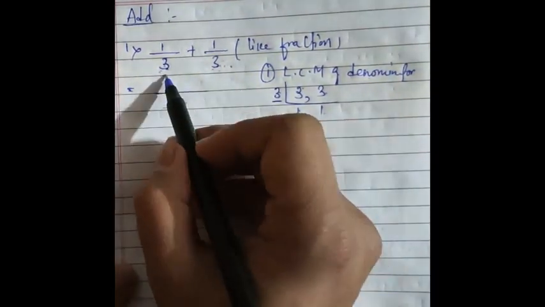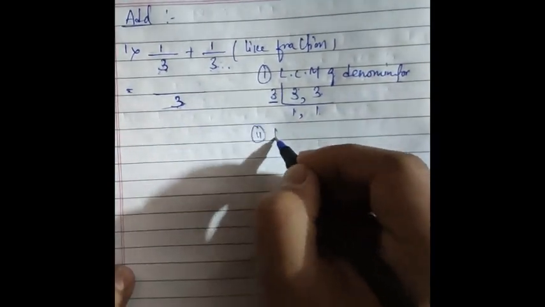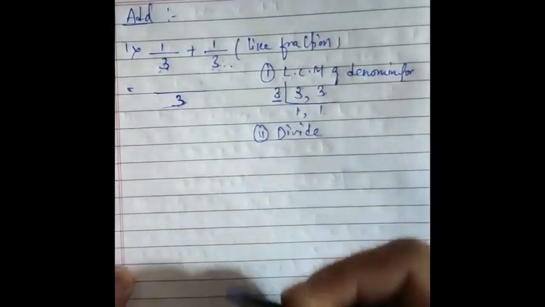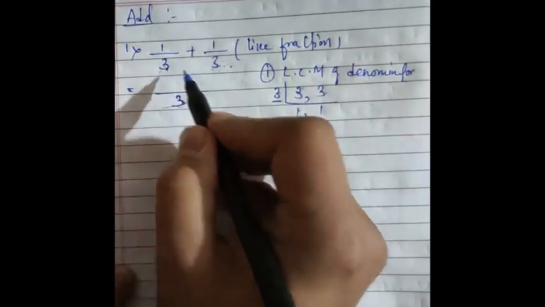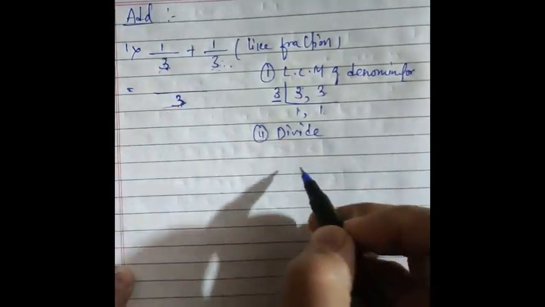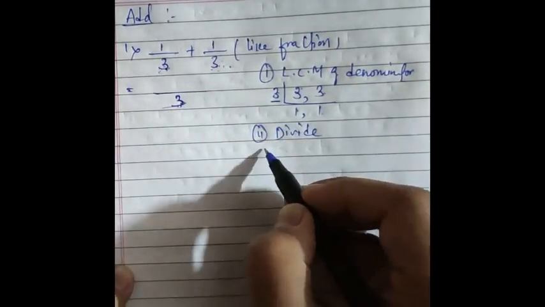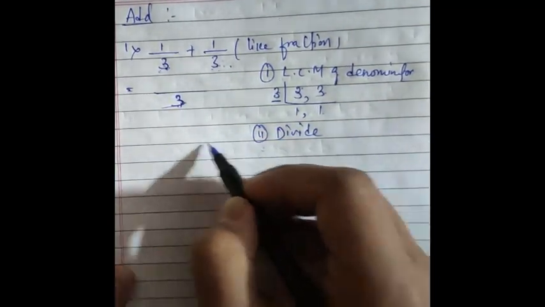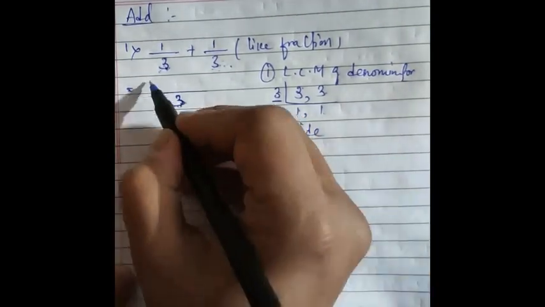Now step number 2 is divide. Divide the LCM you have got by each denominator.